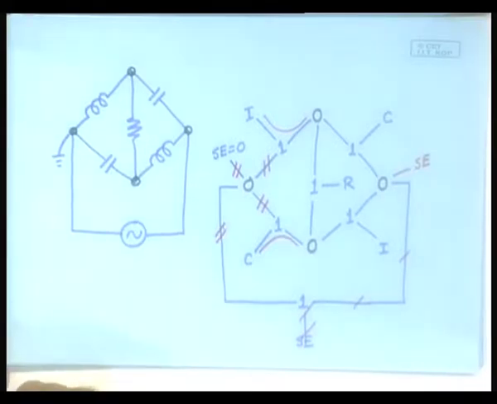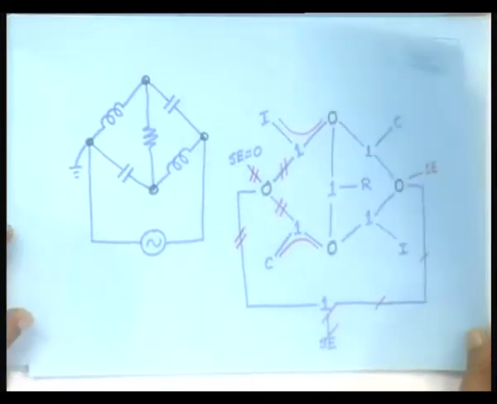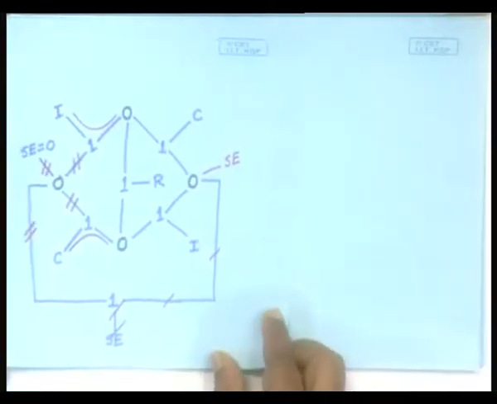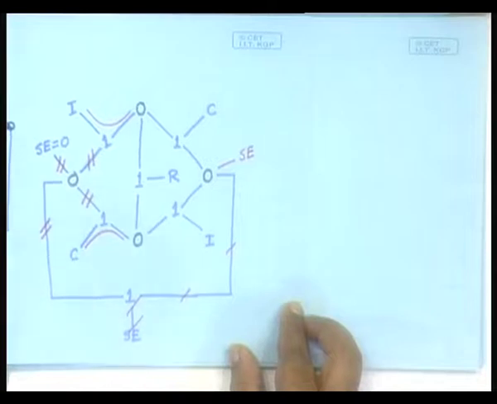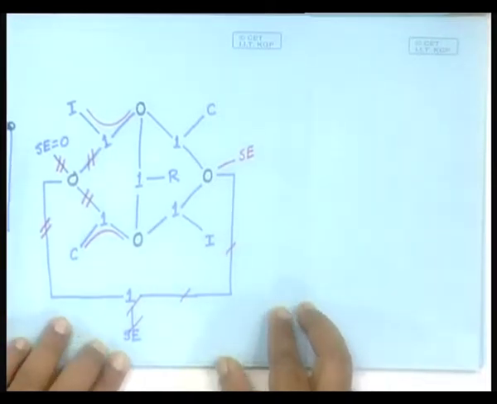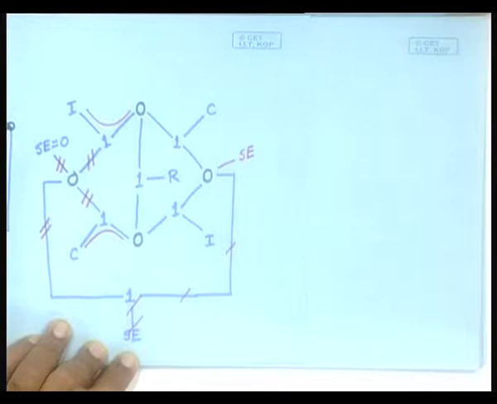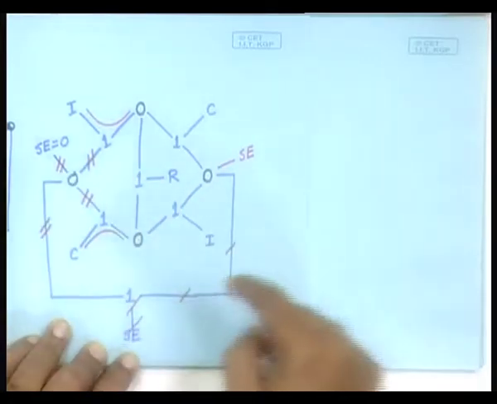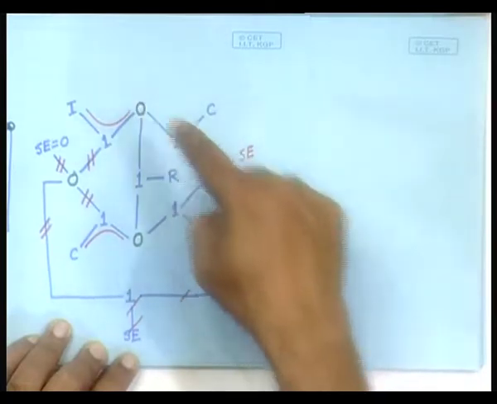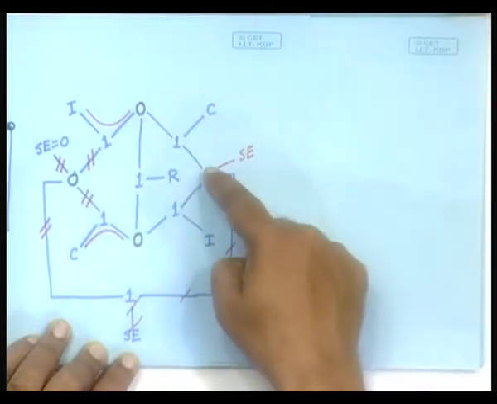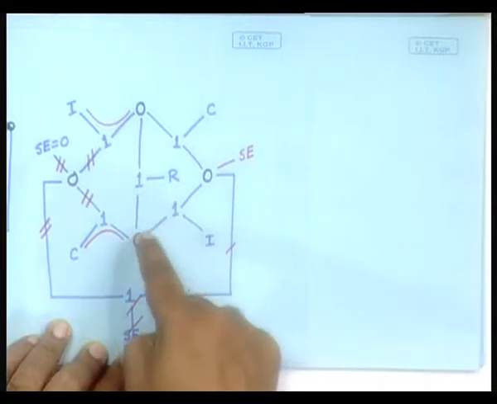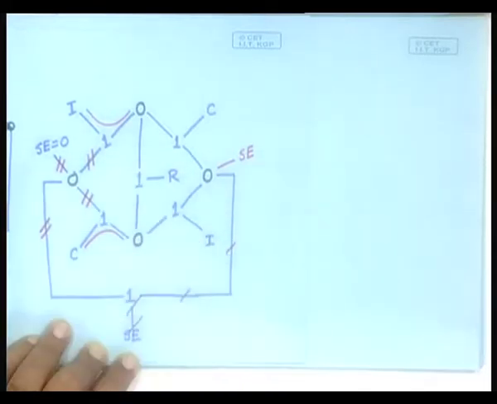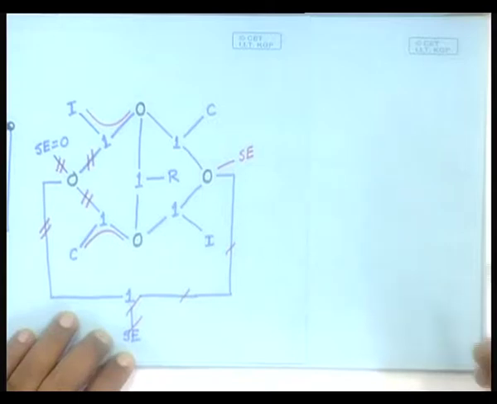So, let us lay it out in a more handsome fashion. Can you see the whole thing? Yes. This 0 is out, right. So, you have 0 1 0 1 0 1. We can do it this way.